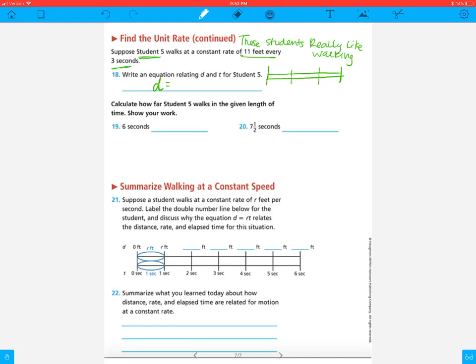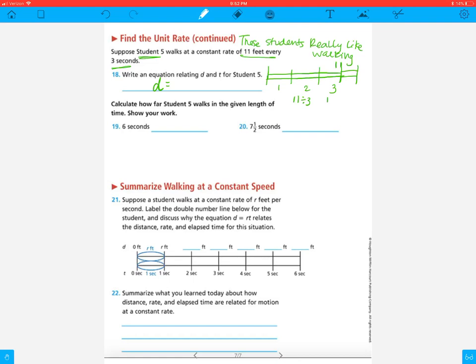I can make a drawing dividing 11 into groups of 3, because that's going to tell me how far they can go in 3 seconds. I could also divide 11 by 3. Either way, I'm going to come up with an answer that helps me know what my unit rate is.